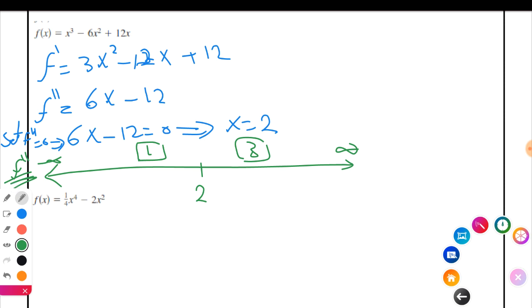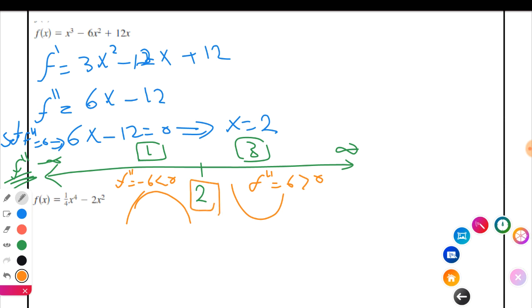In the second derivative. When I replace by 1, 6 minus 12, it will be negative 6. Second derivative equals negative 6, less than 0, so the function is concave downward. At 3, the second derivative will be 6, more than 0, so it will be concave upward.